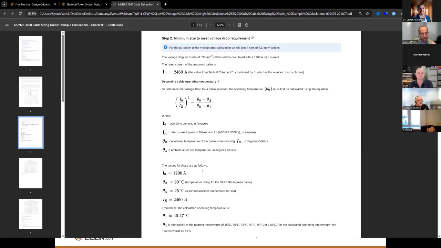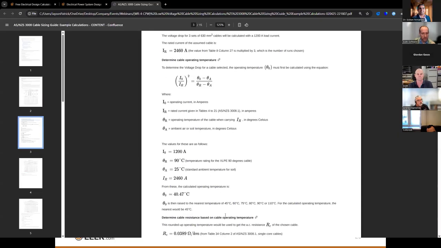We are operating those cables at only 1200. So what's the operating temperature? It's actually quite low. When you're operating that size cable at 1200 amps, the operating temperature will be only 40.47 degrees.